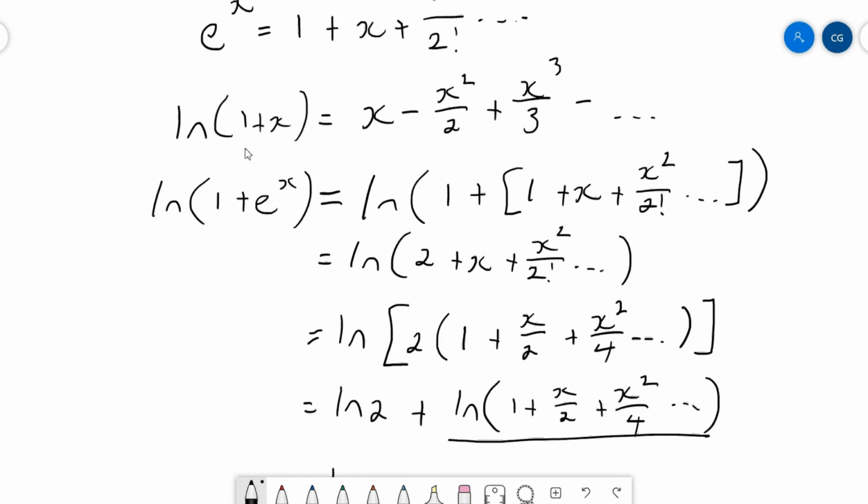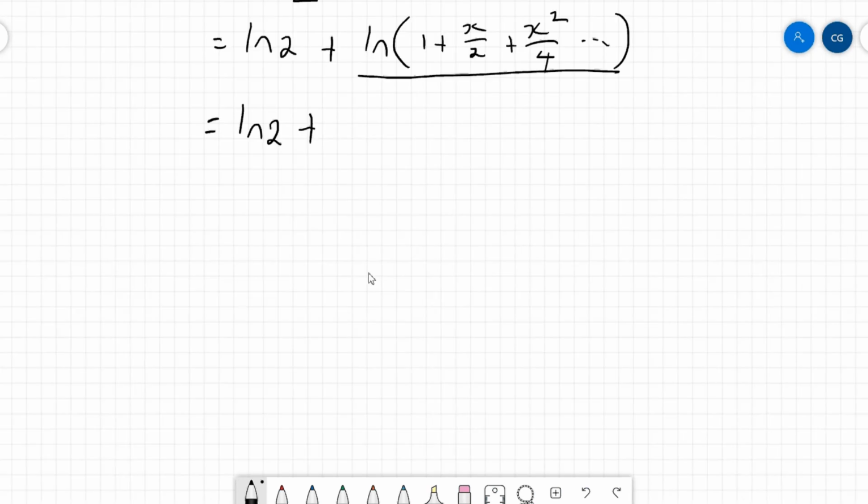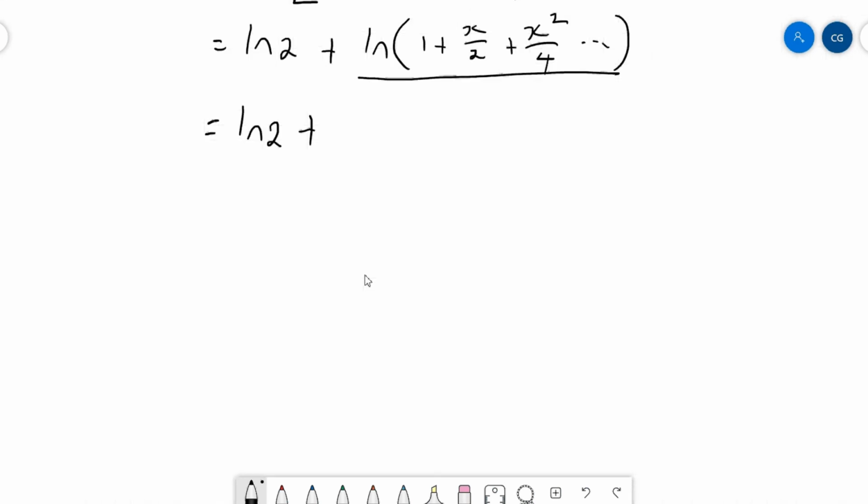If you remember, ln 1 plus x is equal to x minus x squared over 2. This is my series expansion for natural log of 1 plus x. So I am now going to use that series expansion of 1 plus x, and I will now replace whatever I have here on the inside in the place of x. Okay, so instead of x, I'm now going to have x over 2 plus x squared over 4 plus etc.